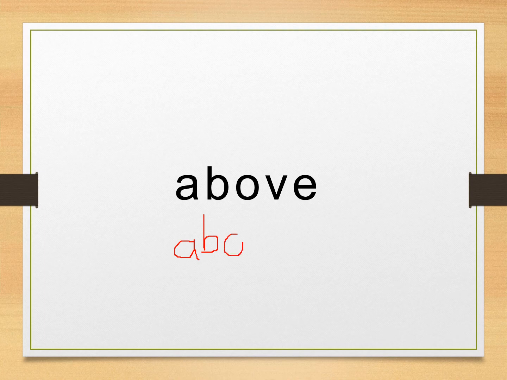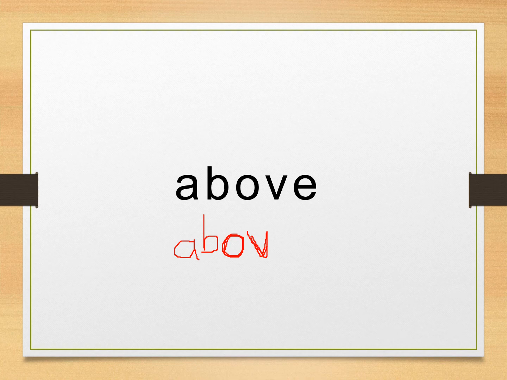This is an O, not a U, even though it sounds exactly like a U. There's a rule behind this that I'm not ready to teach you today, but you'll see it in words like love and shove and above, which we're working on right now, where it sounds like a U, but it's actually an O. Here's that V sound, but we're not done.